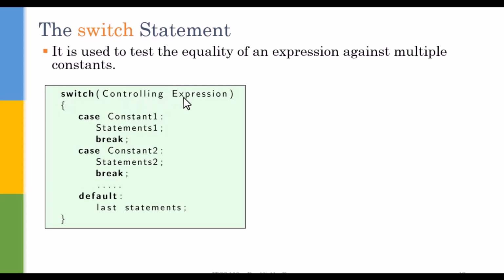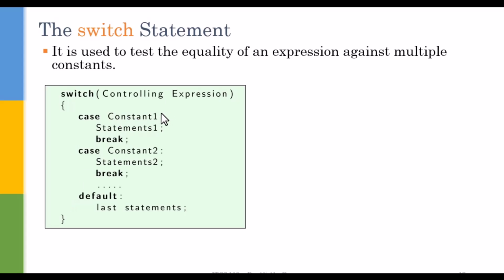You put that variable in here, so you say switch and put the variable, which could be a single variable or an expression, and the answer coming out of the switch will be tested one by one in cases: case 1, case 2, and so on. The last one is called default, and default is like else, the last option available.